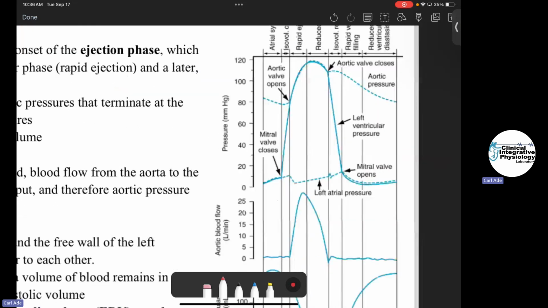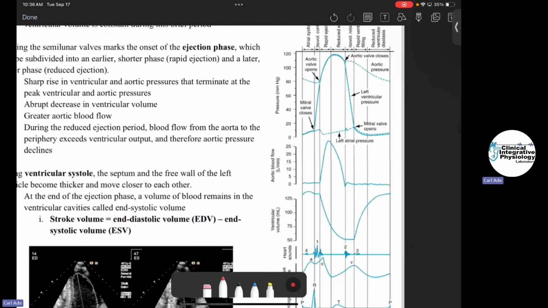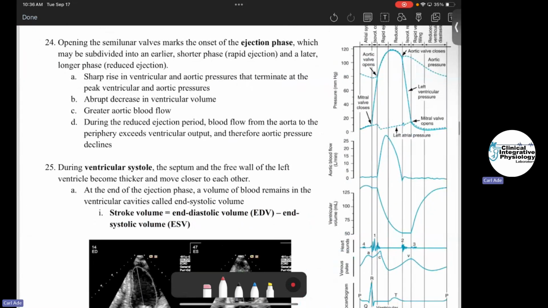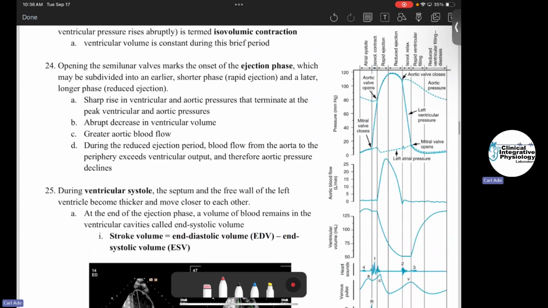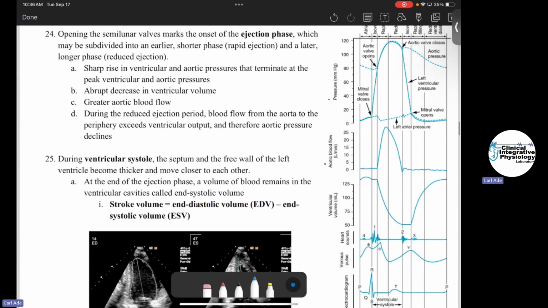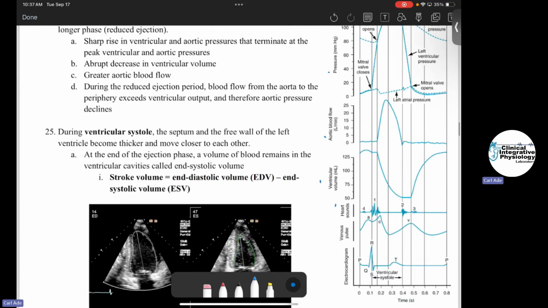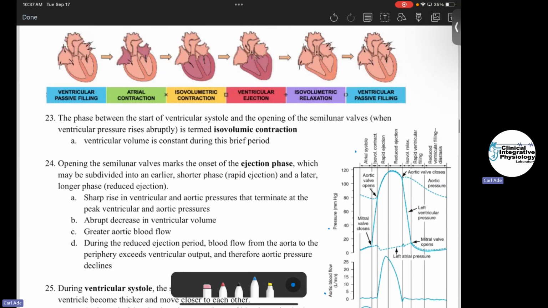What we're going to build next time is this diagram here on the far right that has everything. Pressures, aortic blood flow, ventricular volumes, heart sounds, our ECG down here, and our various phases. This is the Wiggers diagram.